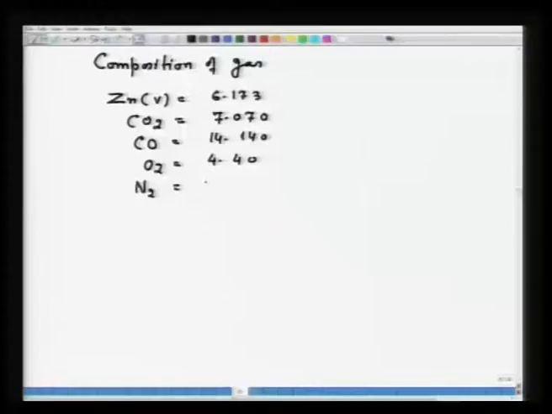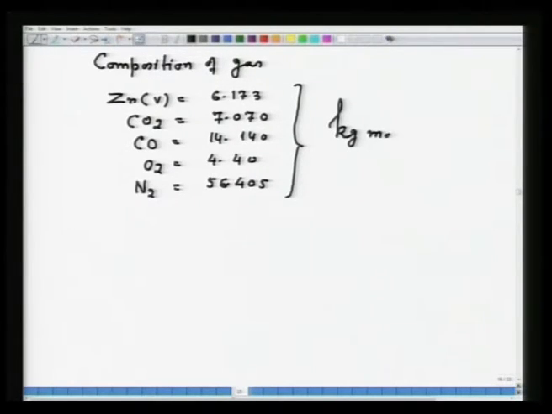So, the nitrogen is 56.405, mind you these values are all in kg moles. So, total is again 88.186. That is how the composition of exit gas would be determined.